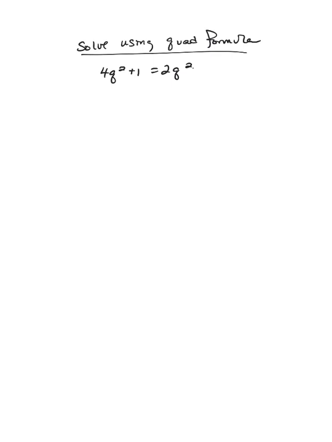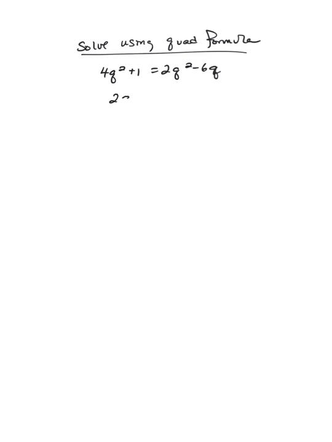All right, solve using the quadratic formula. So let's say we have 4q squared plus 1 equals 2q squared minus 6q. I'm going to bring everything to the left.